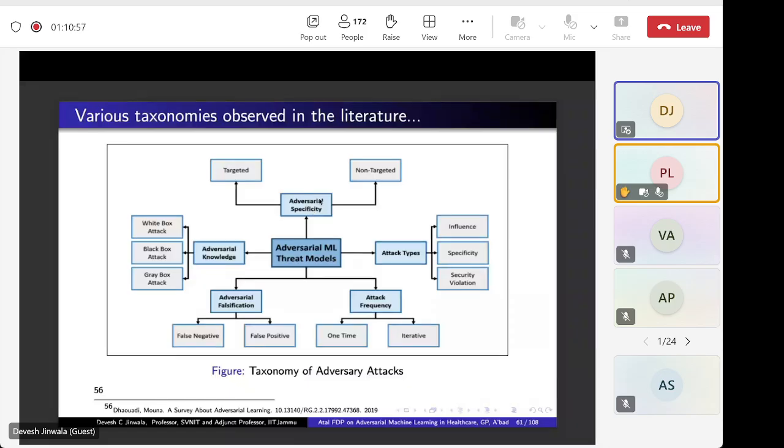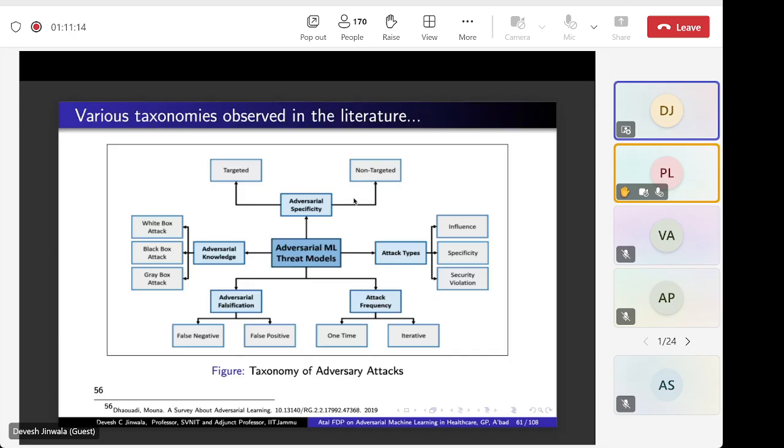That is what is known as adversarial specificity, or the type of the attack. So whether the attack is on security, or is trying to influence the model, or is influencing the data, and so on. Therefore, many of these classifications are interrelated.